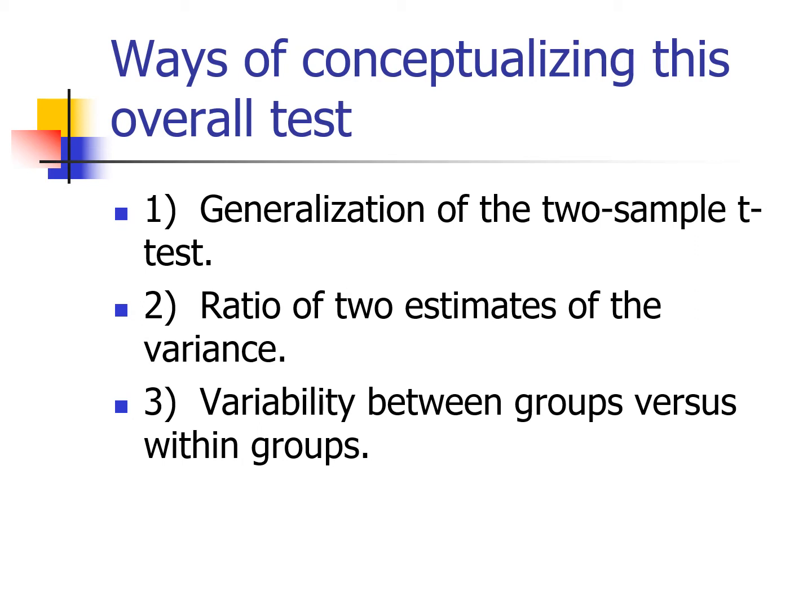So, ways of conceptualizing this overall test. This overall test can be conceptualized in a few different ways. The first is that it's a generalization of the two sample t-test.